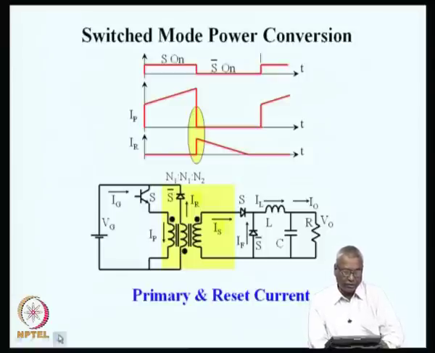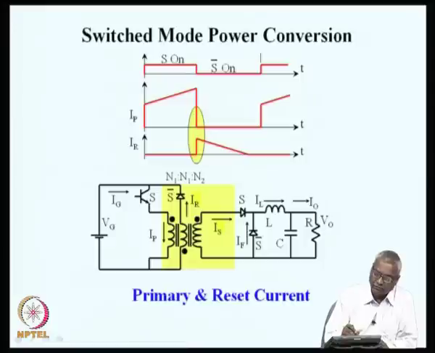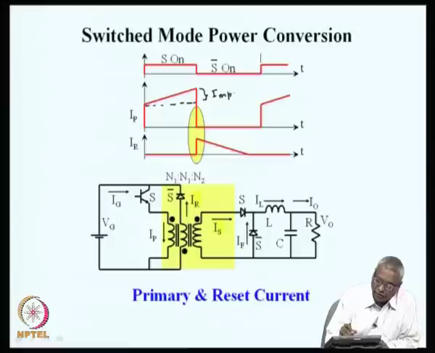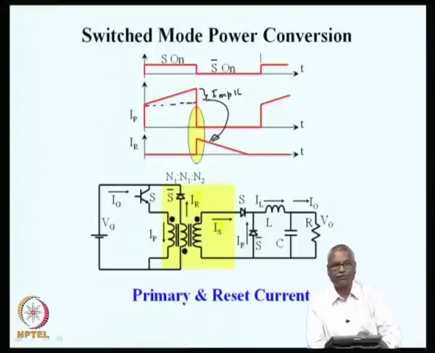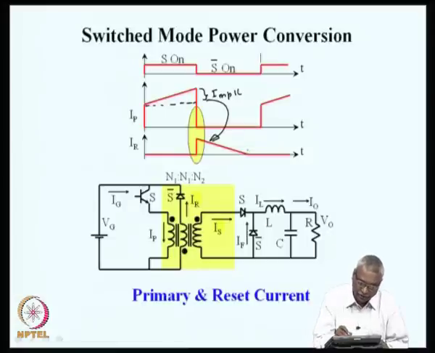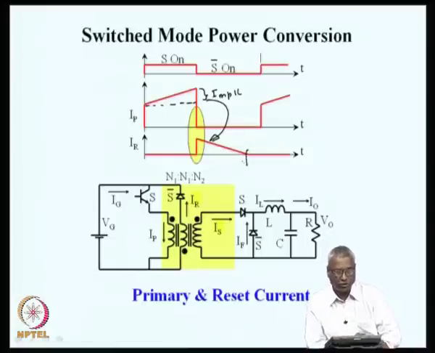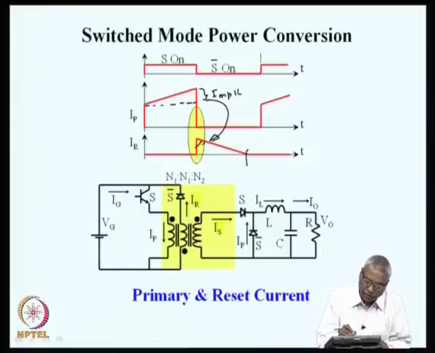Now, if you see the reset winding, just when the switch is turned off, the magnetization current of the winding will get transferred to the reset winding, and it will slowly die down to 0 in a time which is the same as the on time. During this time, this reset current is completely being transferred to the source.